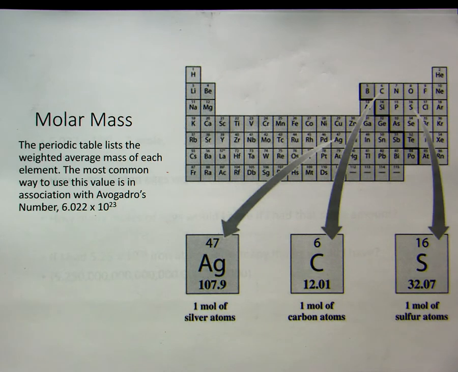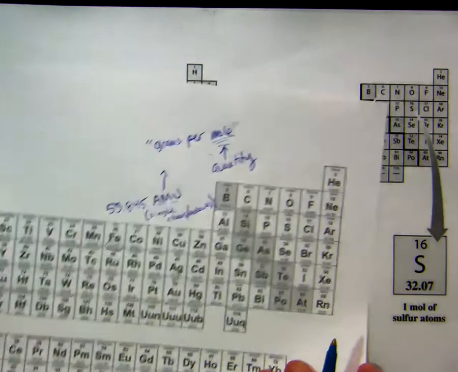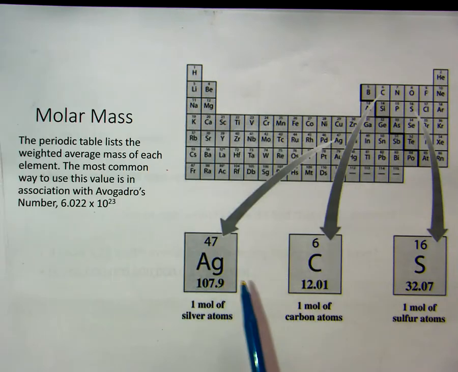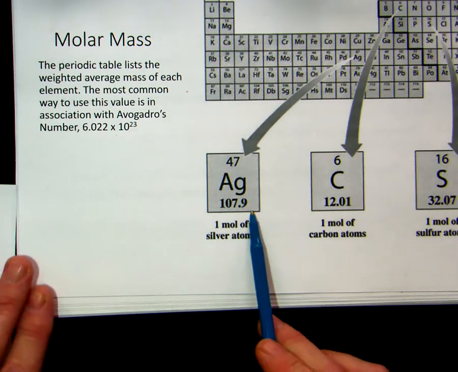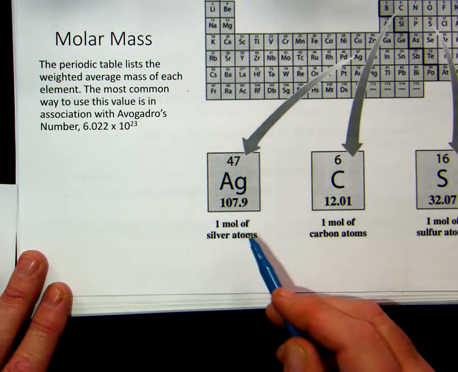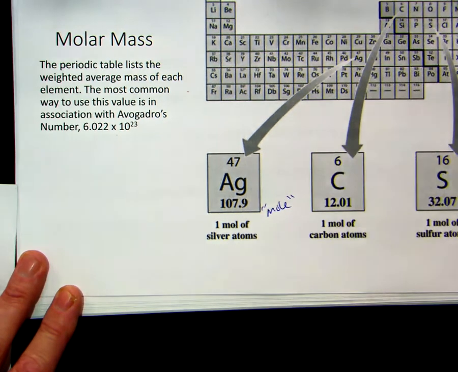Okay, so that number is called the molar mass. And that molar mass, again, is the grams of mass you'll have when you have 1 mole of a given substance. So if we look at silver here, if we had 1 mole, and MOL is the abbreviation of mole, by the way.